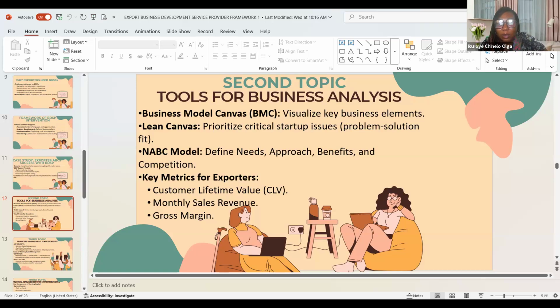Even when you're doing your business plan, it will ask you for your monthly sales revenue. In framework 2, I'll tell you about these innovative platforms that people are using. But for the purpose of learning now, let's just stick to this: these are new innovative tools that the BDSPs are using for exporters' businesses to see that they excel and remain competitive in the market.